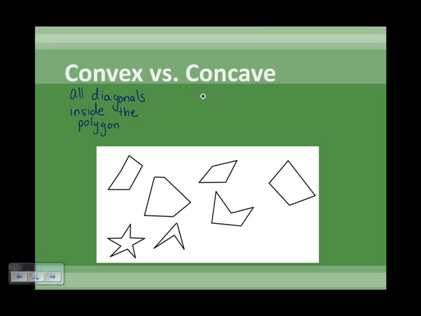Okay? If it's concave, a diagonal exists on the exterior of the polygon.